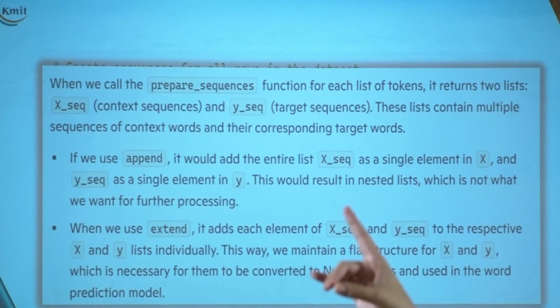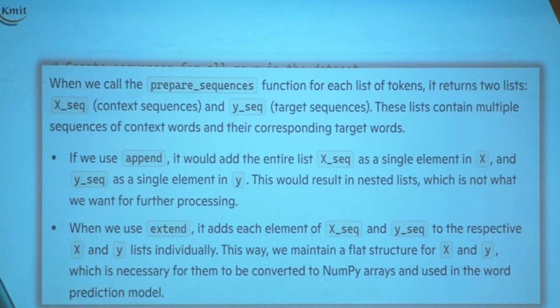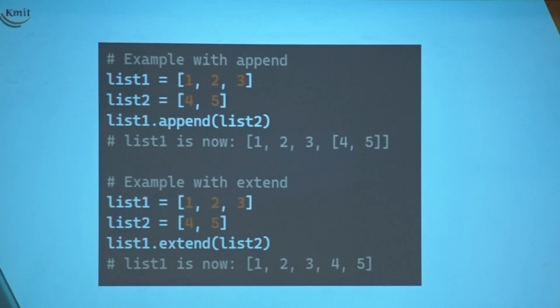Got my point? That is the reason it's very crucial that you use extend rather than append for lists. So I'll quickly give you one example. There are 2 lists here, 1, 2, 3, 4, 5. What happens if I use append and extend? Look at the output.